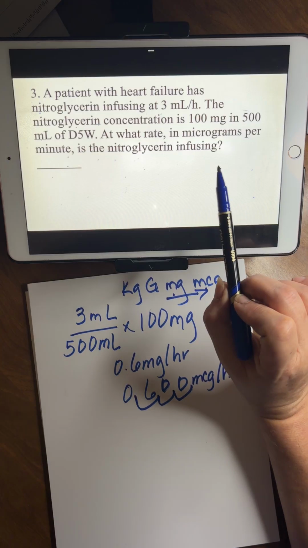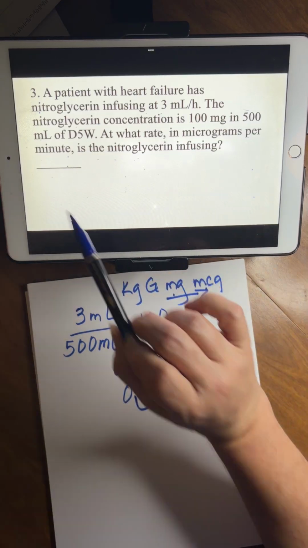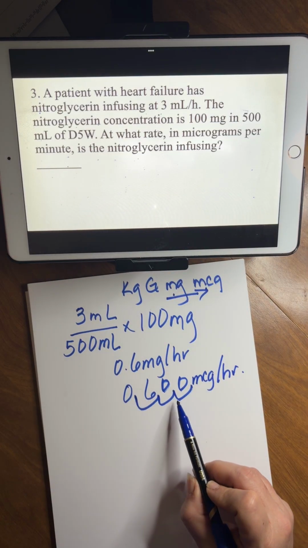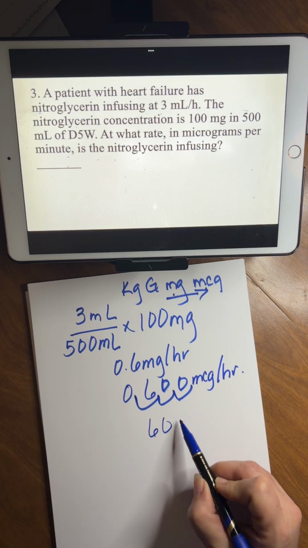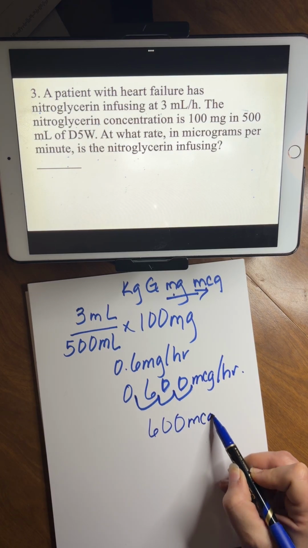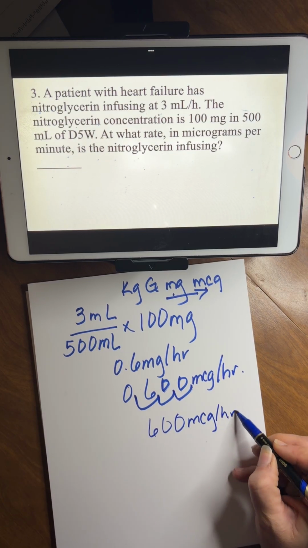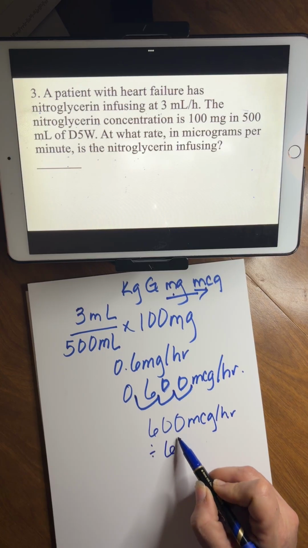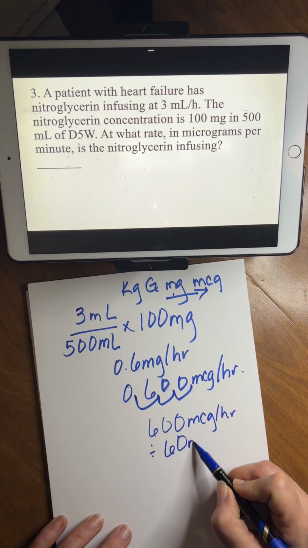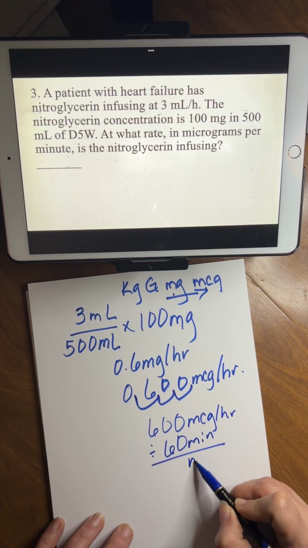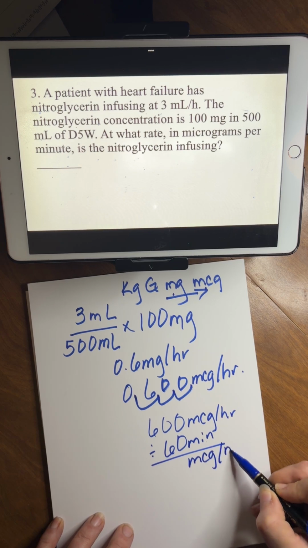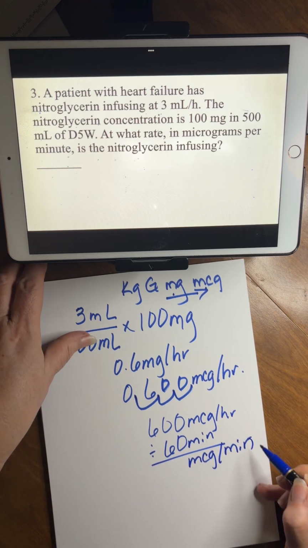Okay, and you know Ethel wants to know the micrograms per minute. So we can take 600 micrograms per hour and divide it by 60 minutes to find out the micrograms per minute. You see that?